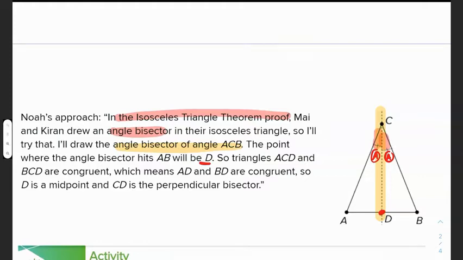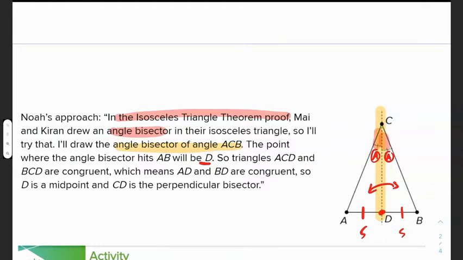Whoa, so he's saying a lot. He's saying the left triangle and the right triangle are congruent to each other. Because these two triangles are congruent, AD is congruent to that part. And then CD is the perpendicular bisector.